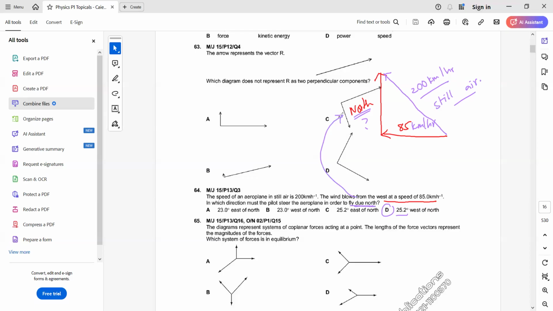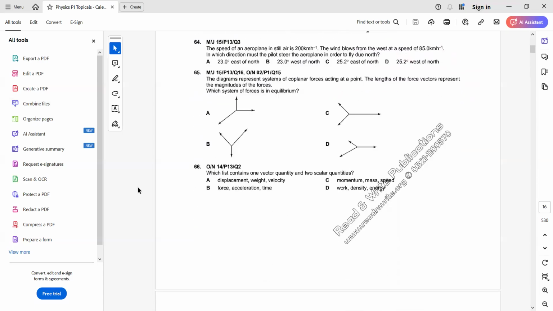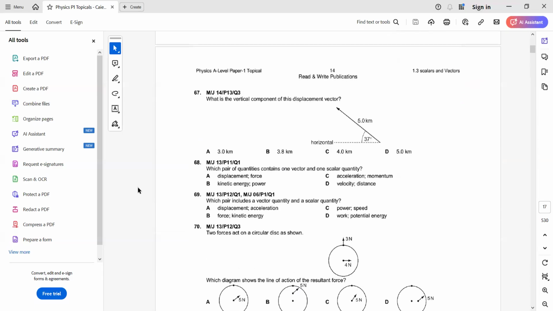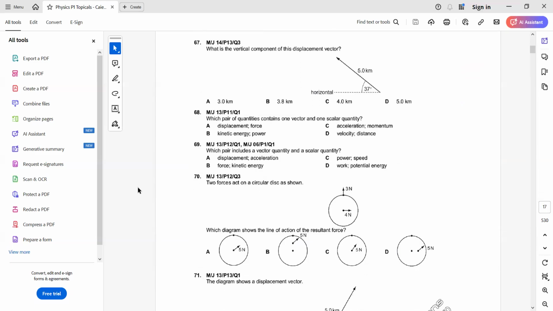Because the question never showed us the direction of the speed of still air. So we have to figure that out through this resultant technique. Do you get this? Yes. Are you sure? Yes. That's nice. Then what would the answer be for that? D. D. Okay.